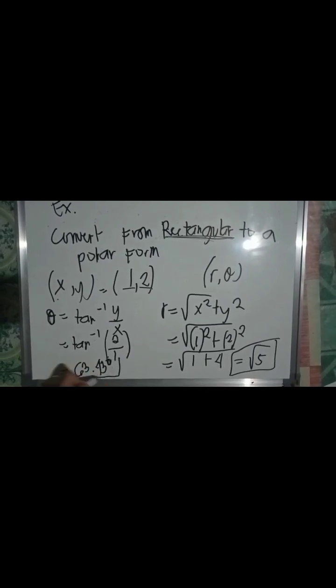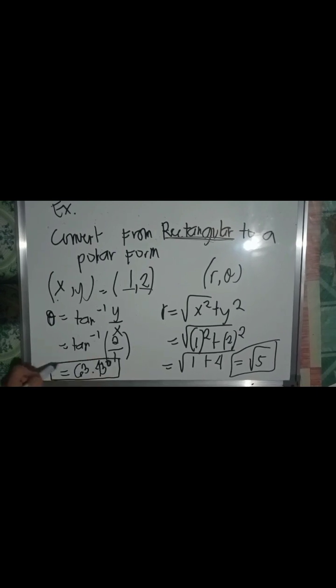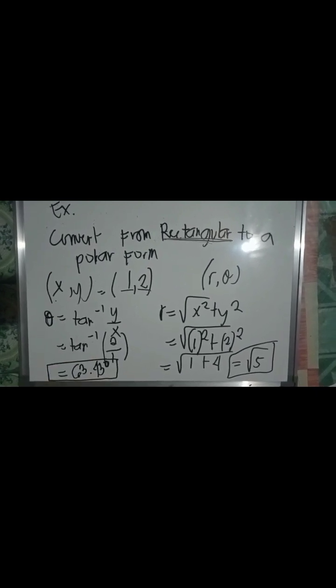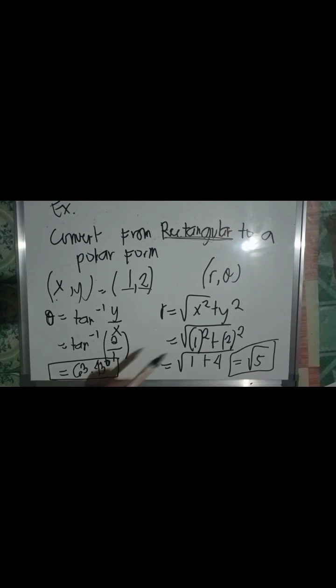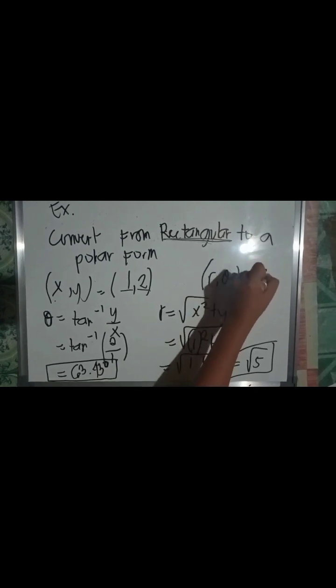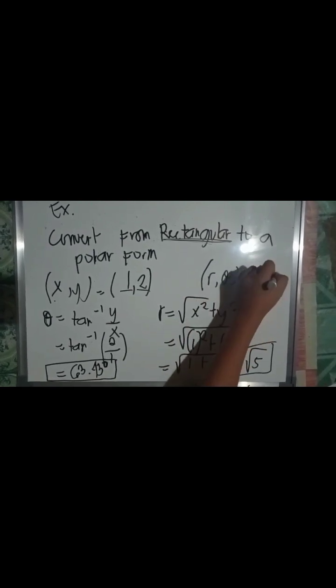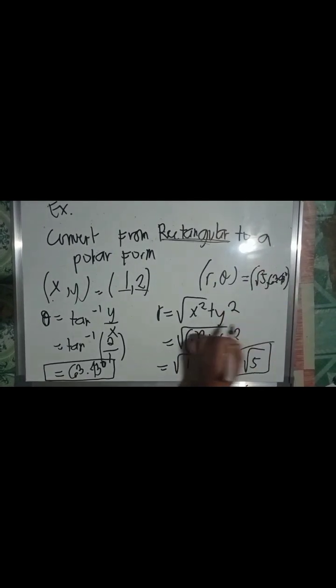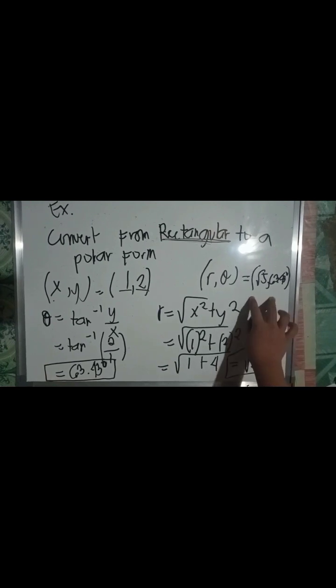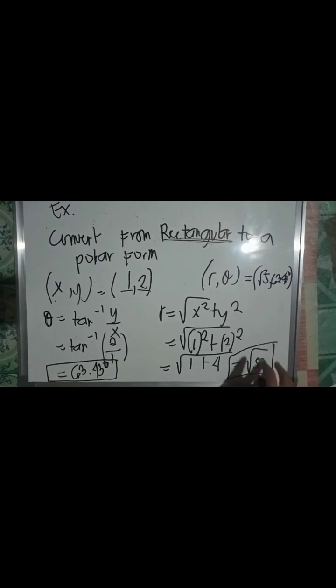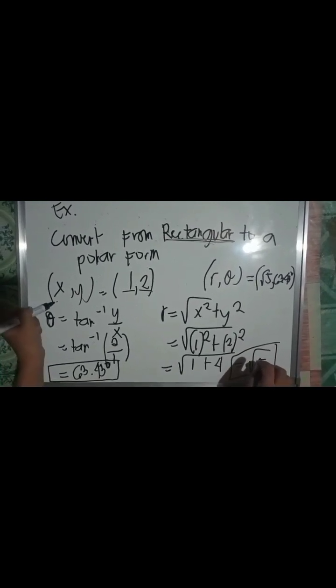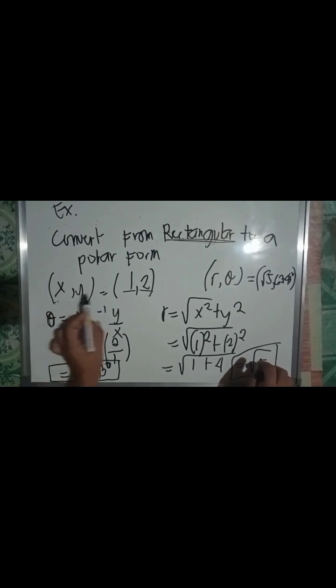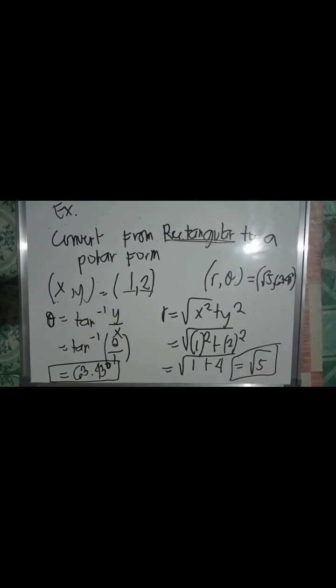And now we have the results of our r and theta, where r is the square root of 5 and theta is 63.43 degrees. And this is the polar form of this rectangular form of x and y, which is 1 and 2.